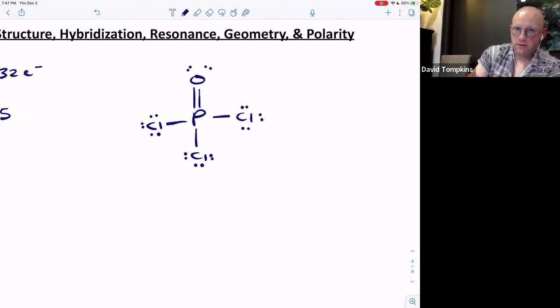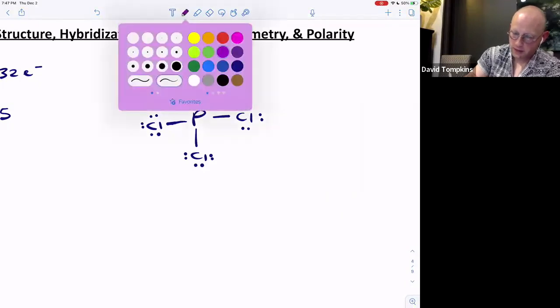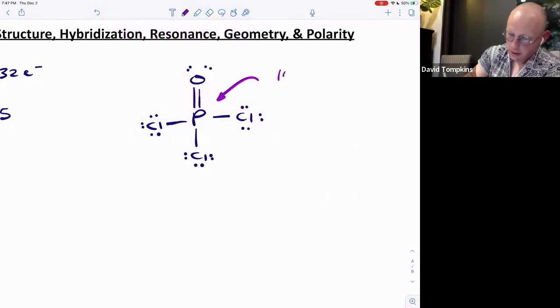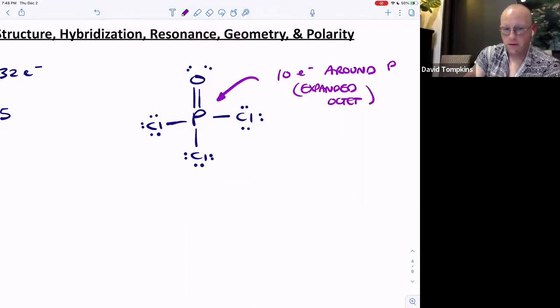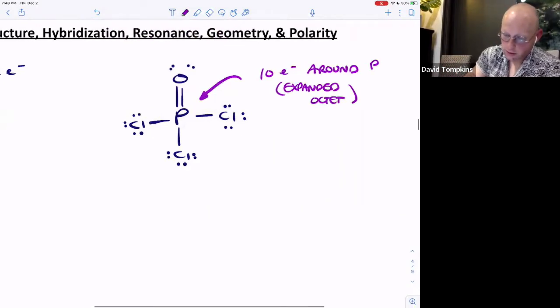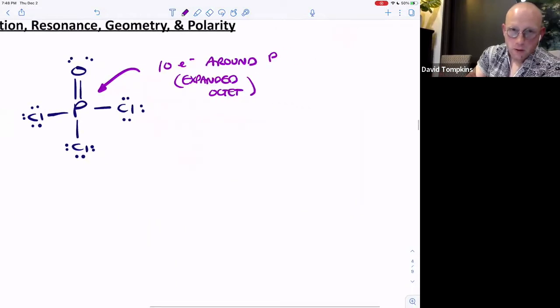So the best resonance form for this compound is to actually draw 5 bonds at phosphorus, or there are 10 electrons around the phosphorus atom. It has expanded the octet, but that's okay because phosphorus is in row 3, and atoms that are in row 3 and larger, phosphorus, sulfur, chlorine, and below, can undergo octet expansions, especially when they maintain a 0 formal charge.